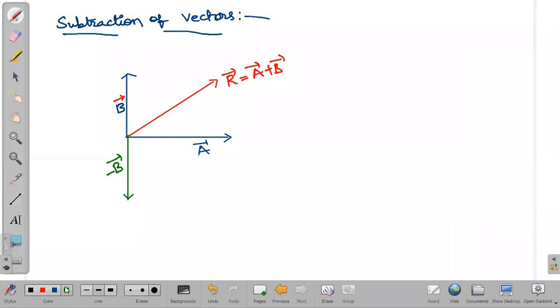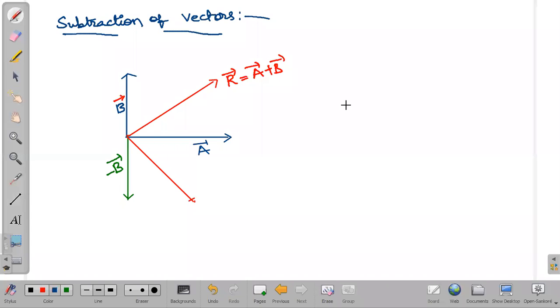That resultant will be our subtraction of vectors. In the same way as we added two vectors, the same method is followed here. We take the negative vector and add it.